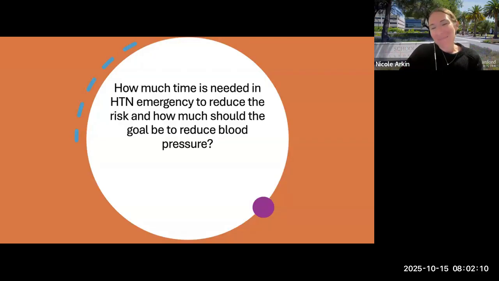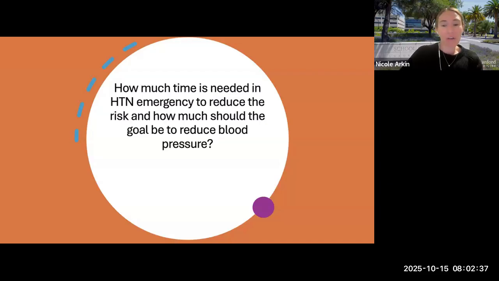And so truly I think it's important to understand what we mean when we say hypertensive emergency. We're talking about high blood pressure that's attributed to signs of end organ dysfunction. So that could be altered mental status, severe headache, AKI, chest pain, troponin leak, things that are telling you that the hypertension is causing end organ injury.